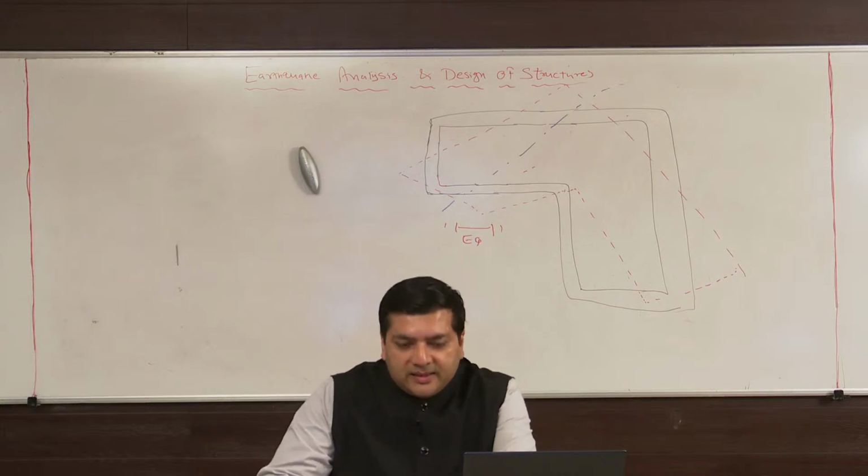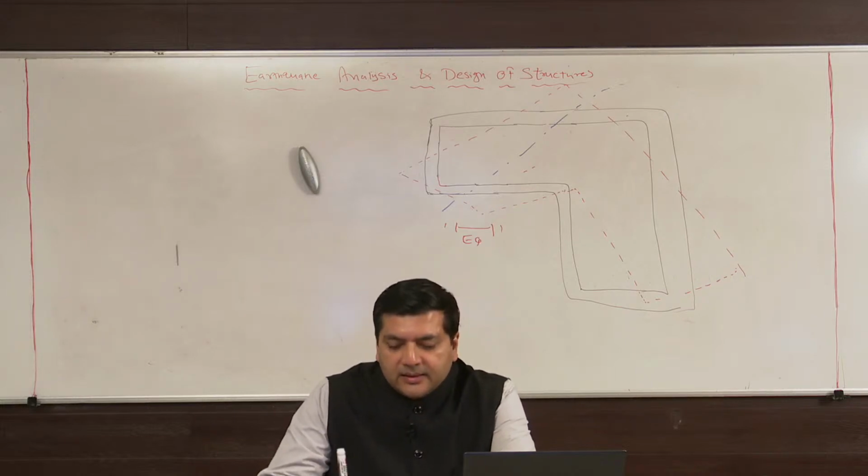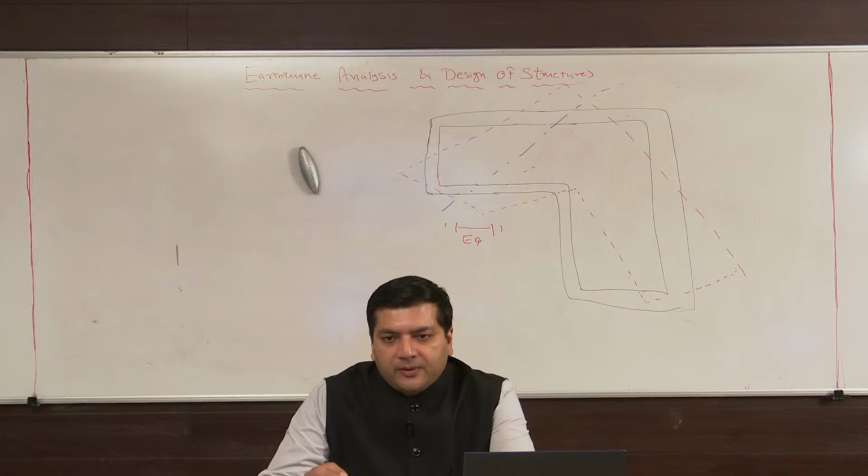So today we will see center of mass, center of stiffness or center of rigidity, and the effect of torsion, and how we can incorporate the torsional force while designing the building for earthquake.